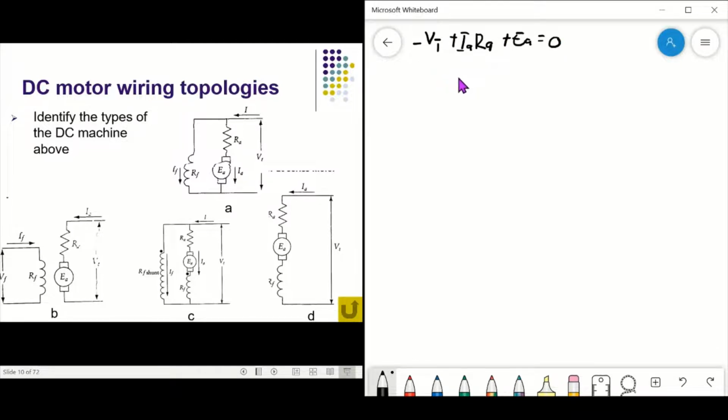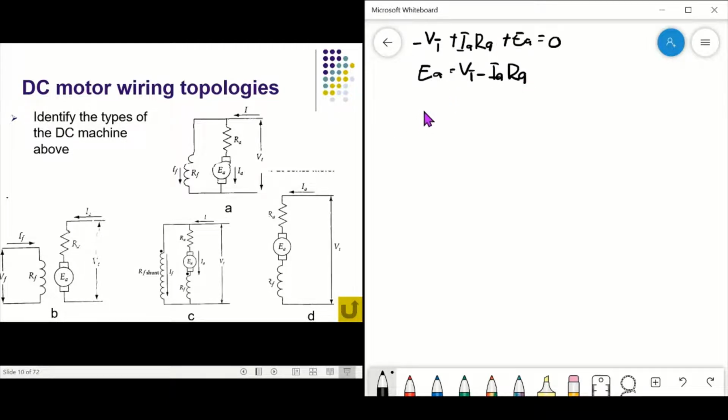From here we get EA equal to VT minus IA RA. This is for figure A.